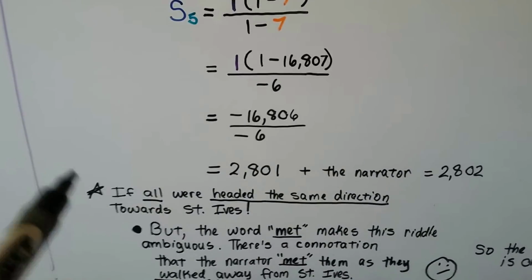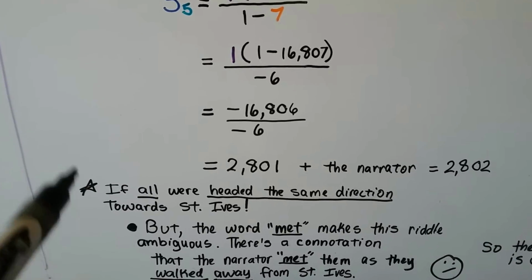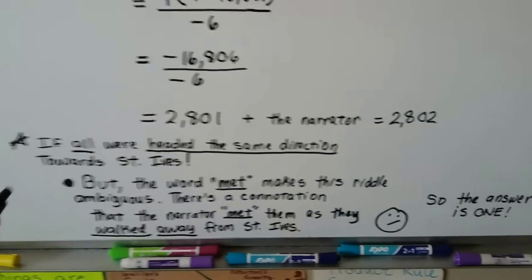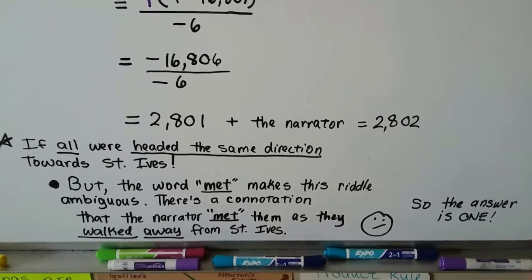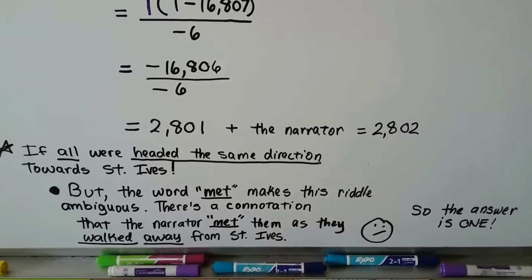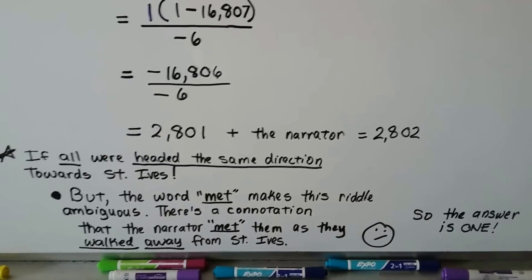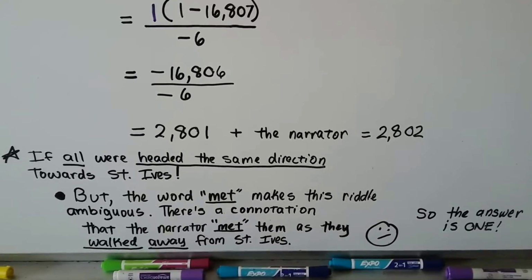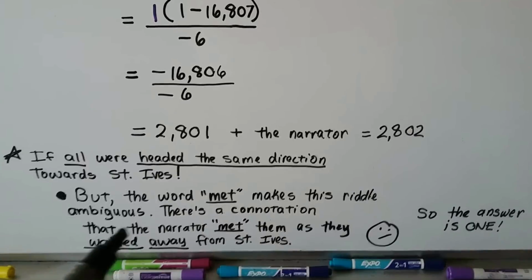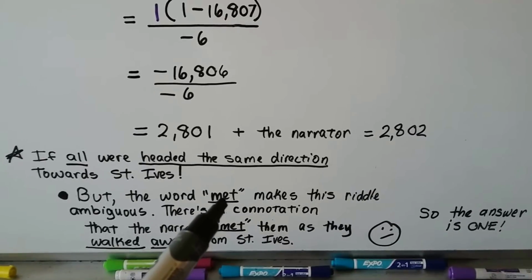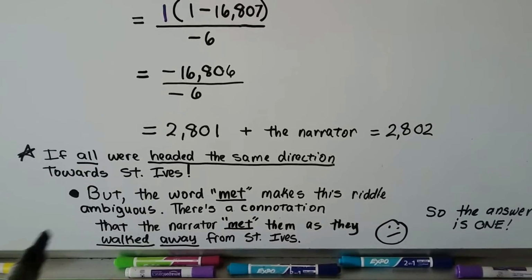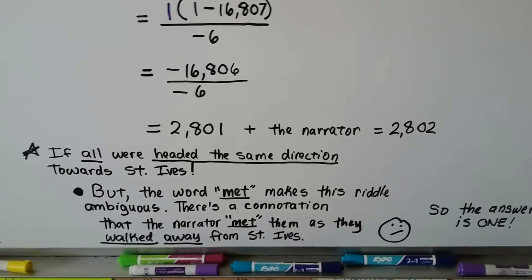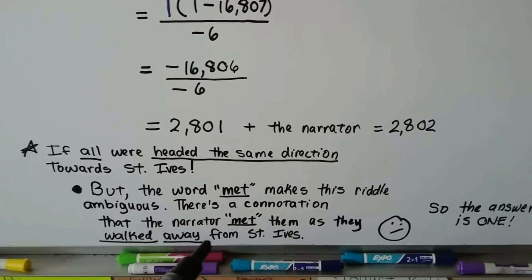Now, that's if all were headed the same direction towards St Ives. But the word met makes this riddle ambiguous. It's a trick. There's a connotation that the narrator met them as they walked away from St Ives. So if they're using the word met that way, which is the way the riddle was supposed to be, it's supposed to be a trick: he was going to St Ives, they were coming from St Ives in the opposite direction, and that's how he met them face on.